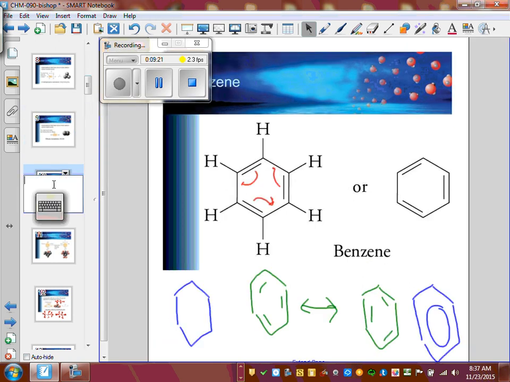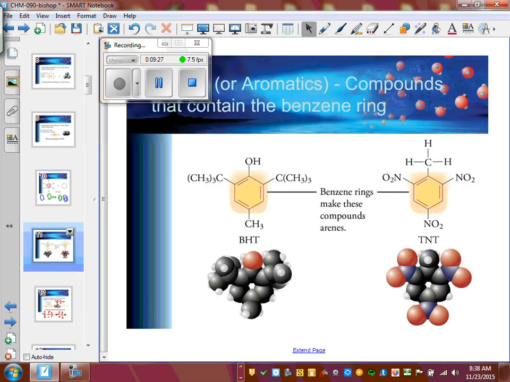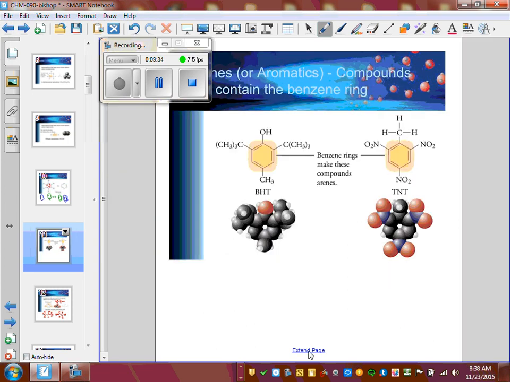All right. This is benzene. Benzene is a 6-membered ring, a 6-carbon ring.